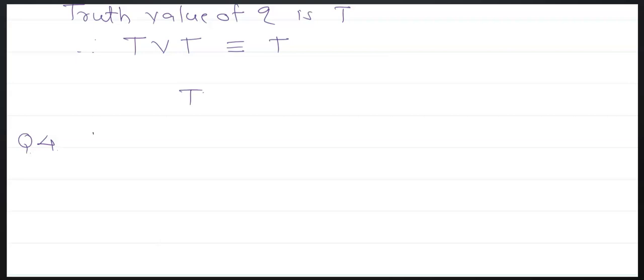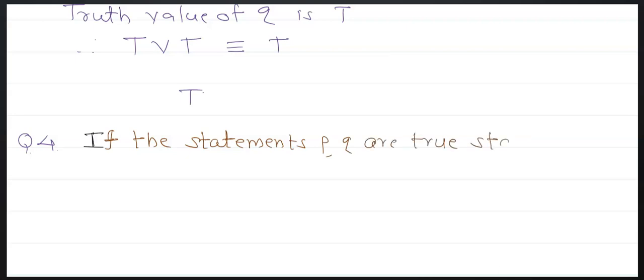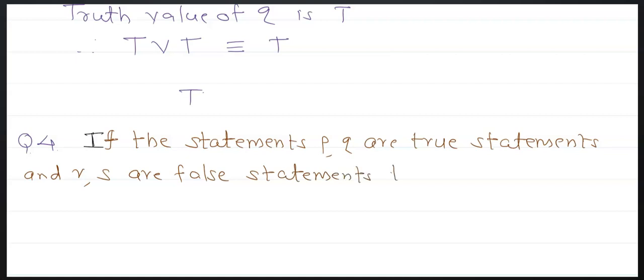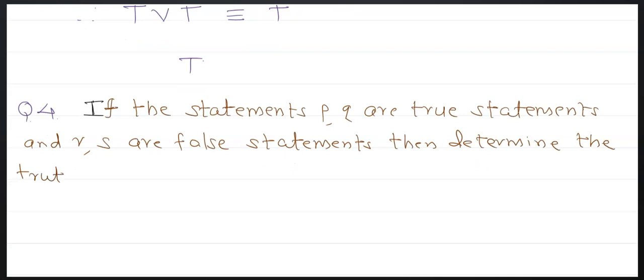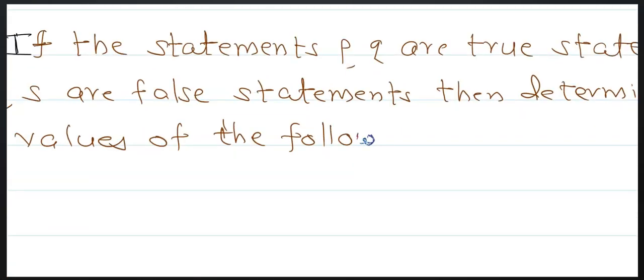Now the question number 4 is also easy. If the statements P, Q are true statements, R, S are false statements, then determine the truth values of the following.